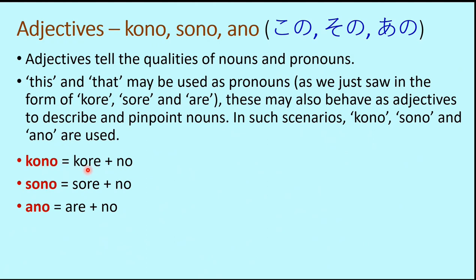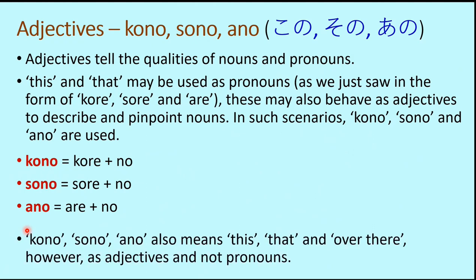So this pronoun is added with this belonging of no and that becomes kono. This is again this, but it becomes an adjective. Similarly, sono and ano. Kono, sono, ano also mean this, that, and over there, however, as adjectives and not as pronouns. So this will be clear when we look at some examples in the next slide.